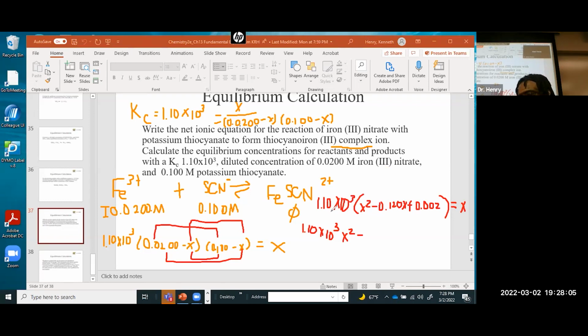My brain's not working today, so I can't do it in my head. 1.10 times, so then that's minus 1.32 times 10 to the second x plus 1.10.